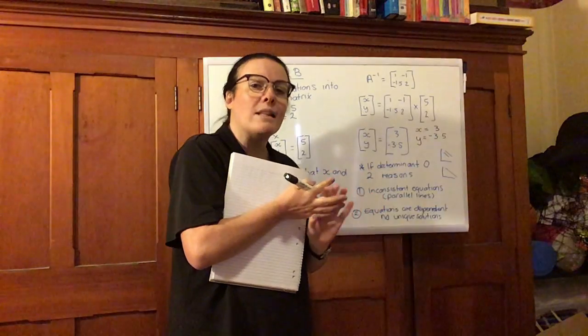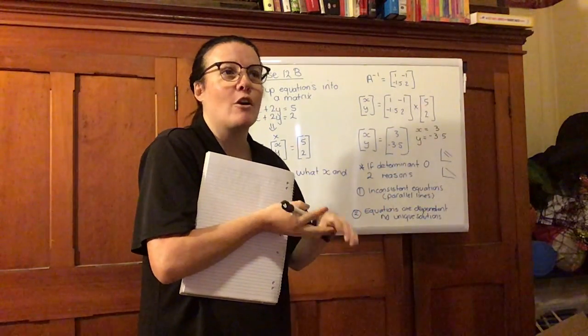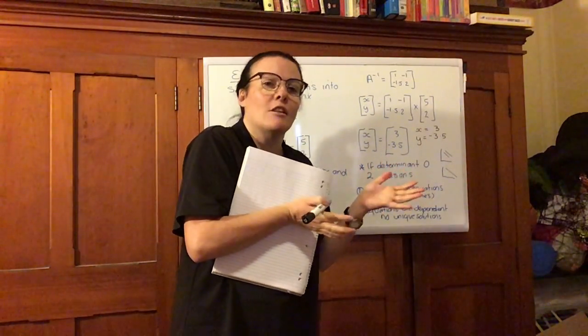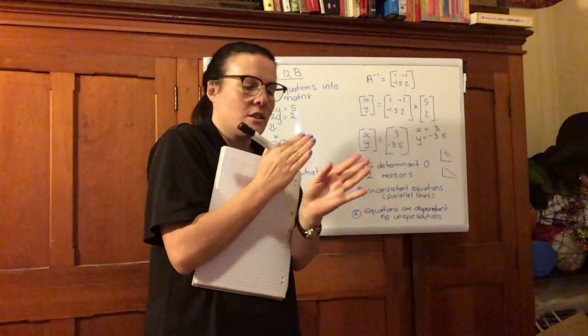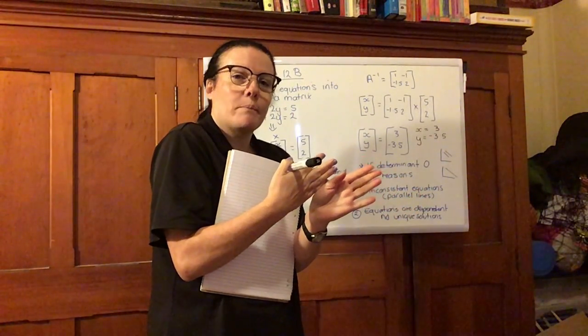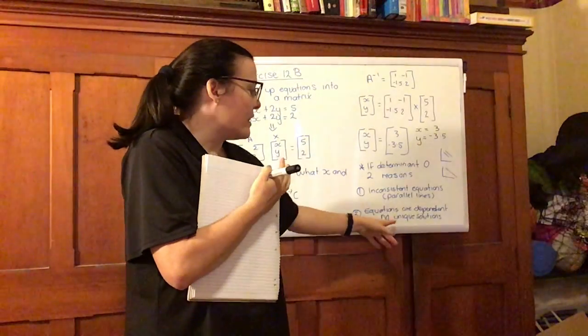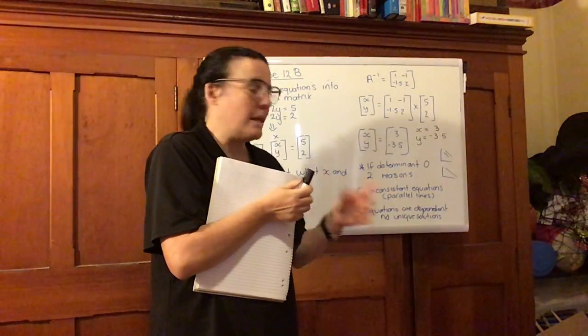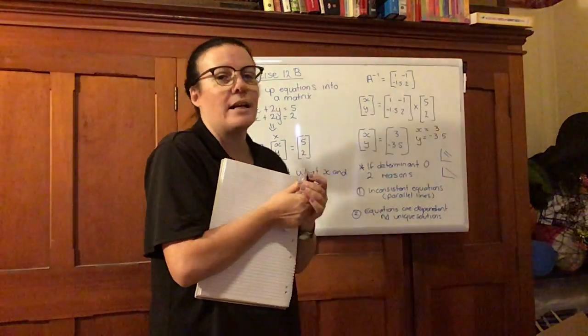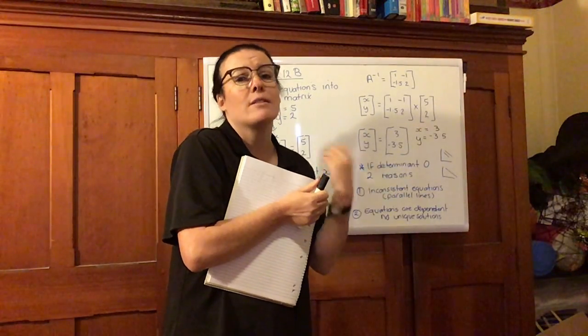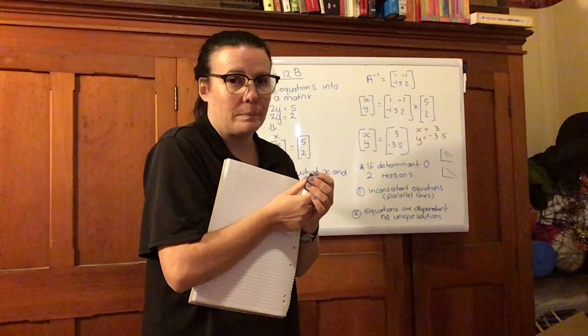Therefore, there's not one spot where they overlap. They overlap in lots and lots and lots of spots because the lines sit on top of each other. So we say that there are no unique solutions in the case of equations that are dependent. They are equations for the exact same line.